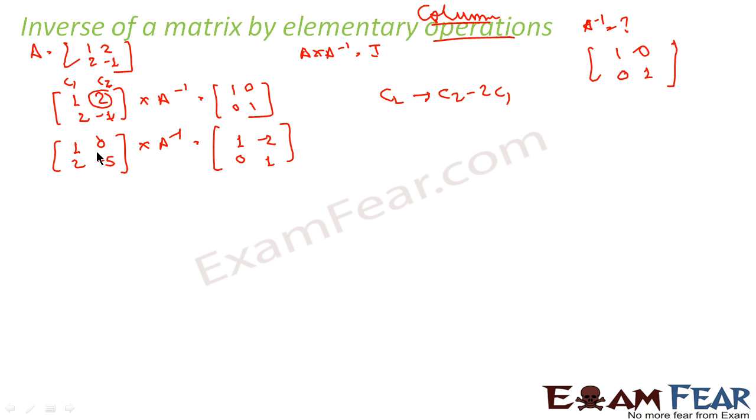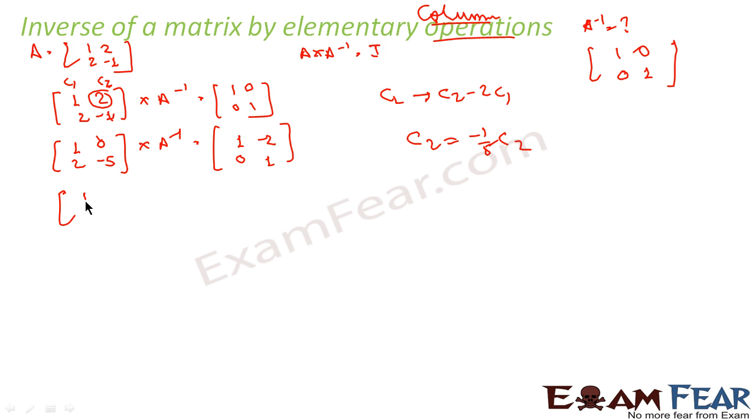So I have got 1, 0 here. Now my goal has to be to make this as 1. This is very simple, because if I multiply the whole thing by minus 1 by 5, this thing will still be 0 and this thing will become 1. Correct? So I'll do that. I'll take C2 is equal to minus 1 by 5 into C2.